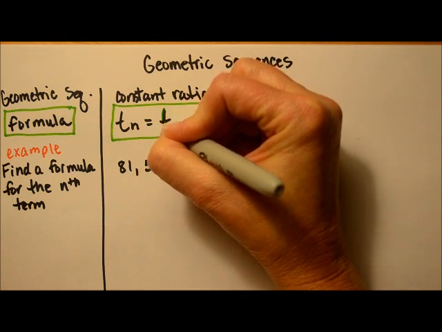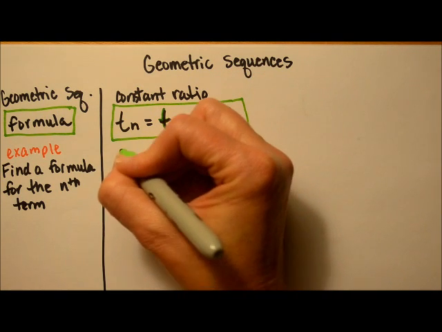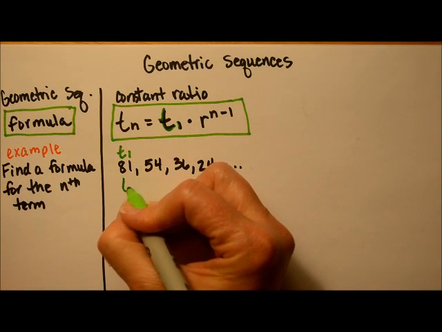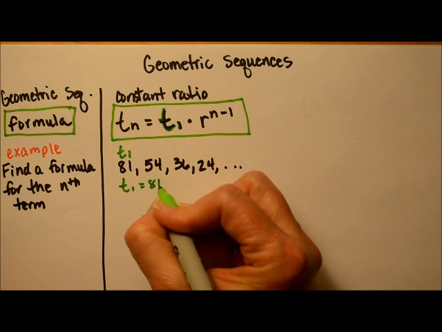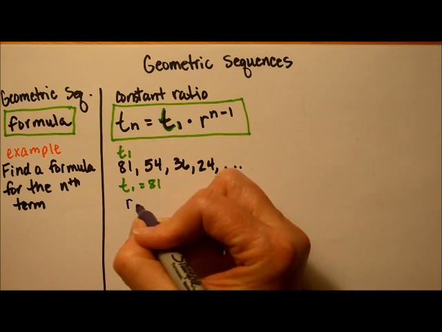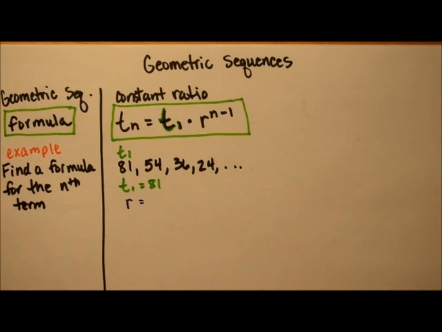Okay, T1. I'm going to put that in. I'm going to highlight him in green. Here he is, T1, 81. So T1 is 81. R equals, okay, now, what is R?